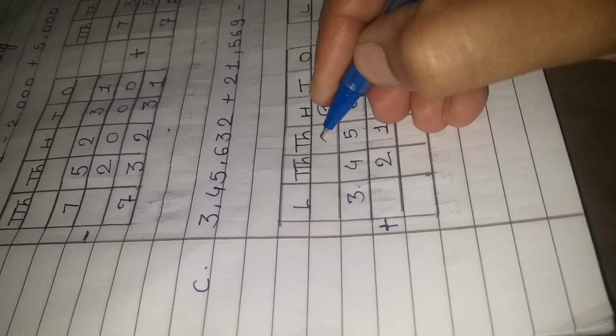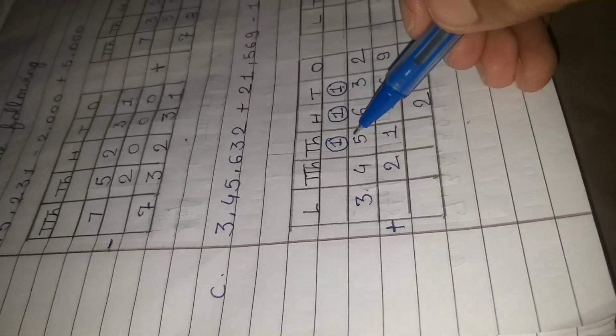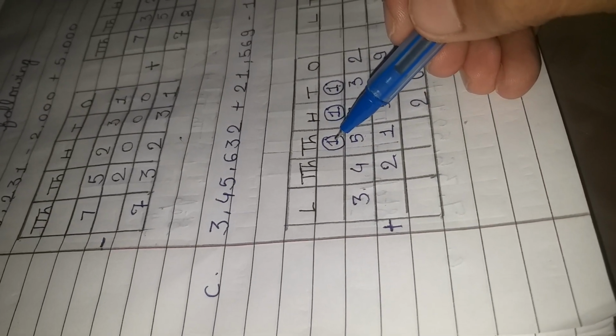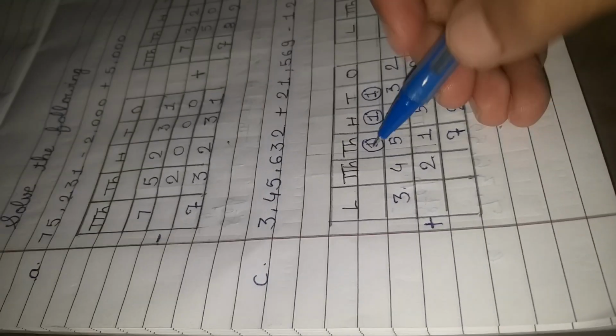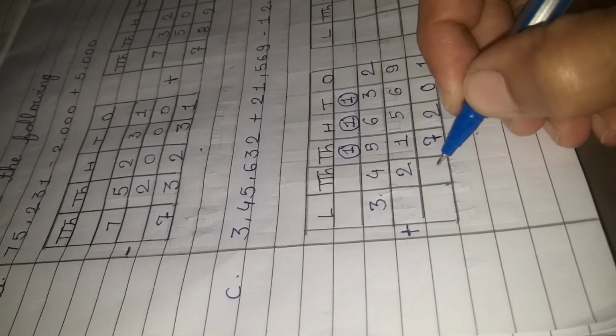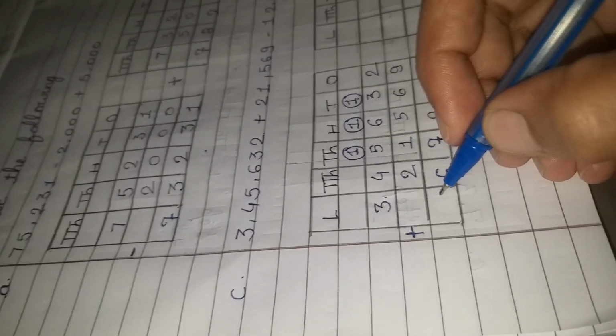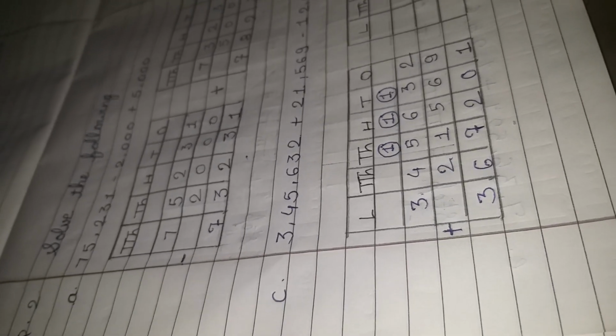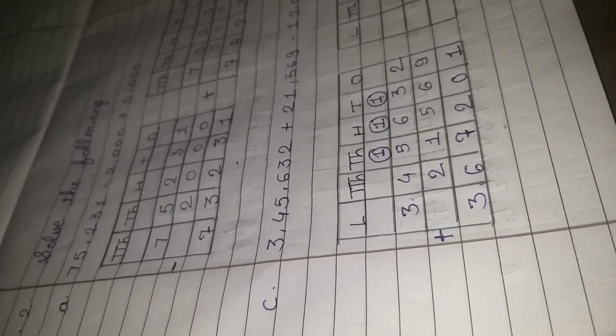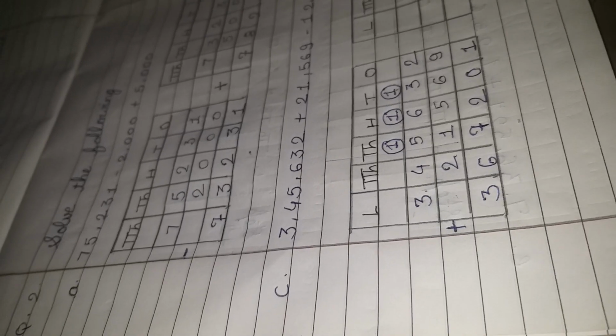So 2, 1 will be carry over. 5 plus 1, 6, 6 plus 1, 7. 4 plus 2, 6. And 3 will be as it is, as we don't have any number over here. So 3,67,201.